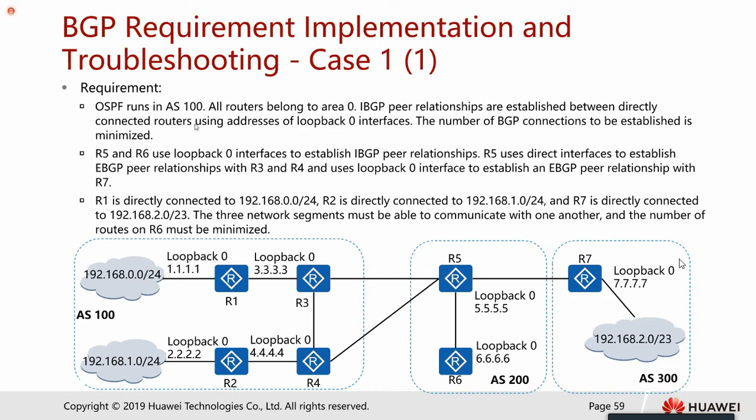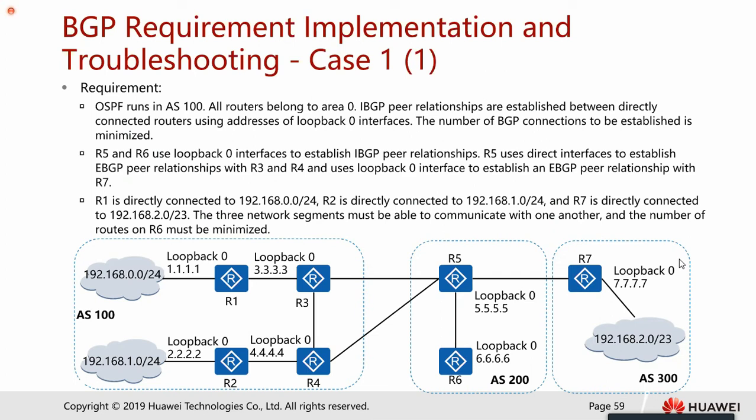Okay, that is done, but IBGP needs to form using loopback 0, and the number of BGP connections needs to be minimized. For the minimization, they require that the configuration use a peer group. R5 and R6 use loopback to establish the IBGP peer relationship.